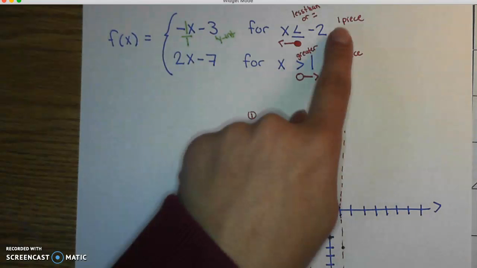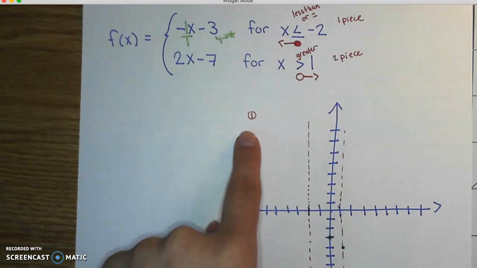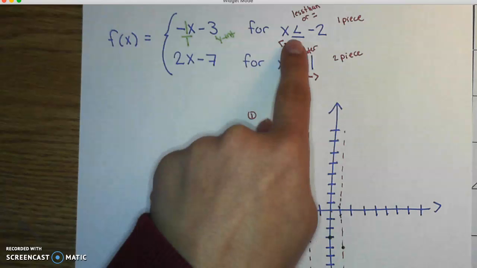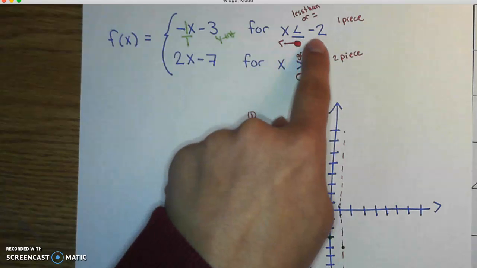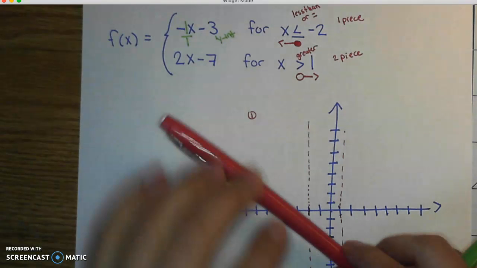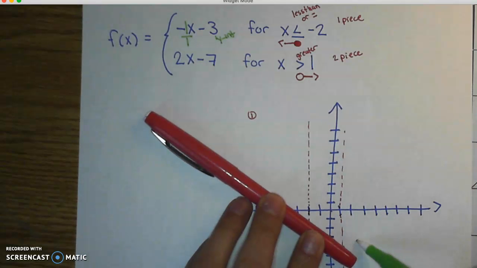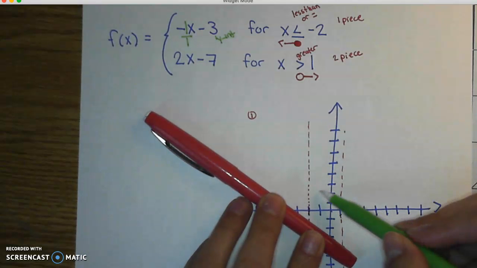But this is my first piece, which means it's only in my first section because x is less than or equal to -2. So when I draw my line, I am not going to draw my line here. I am not going to draw my line here.